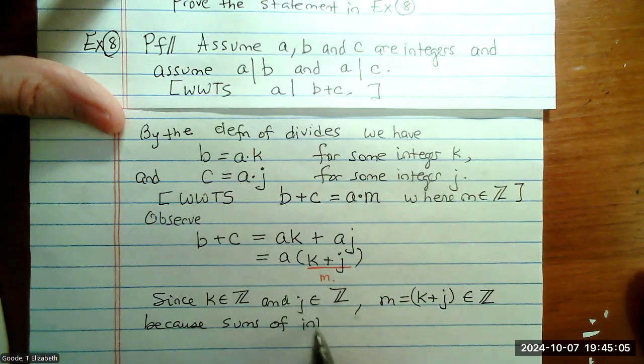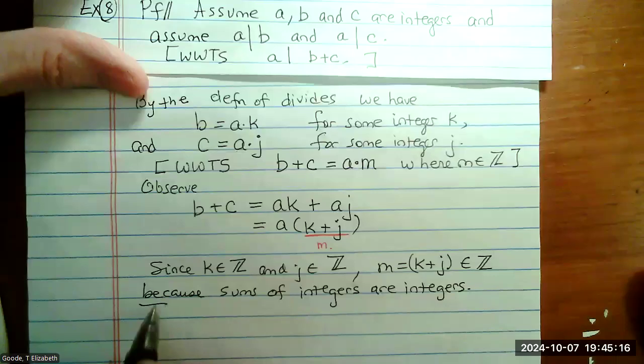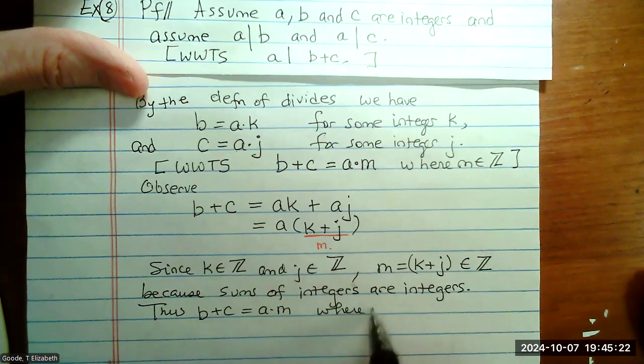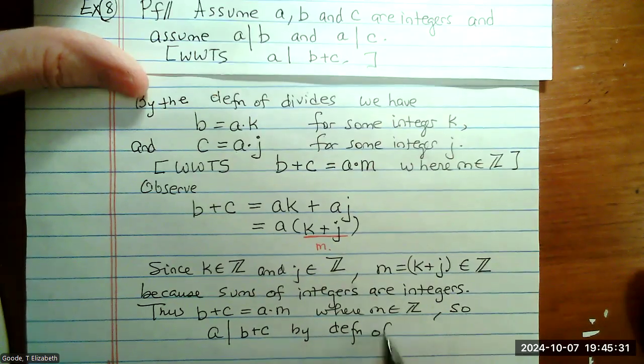And I think I actually did not write that sentence in the notes that are online, so add that to that. So now we've done it. Thus, B plus C equals A times M, where M is an integer. So A divides B plus C by definition of divides. And we're done.